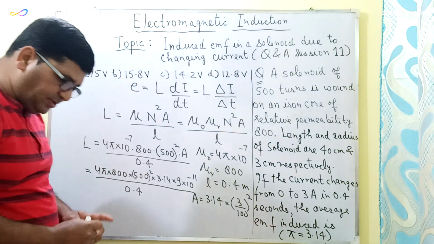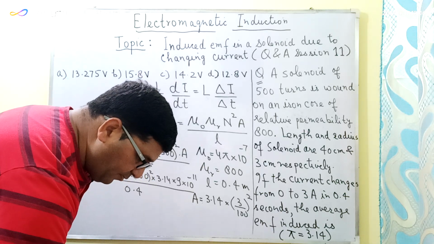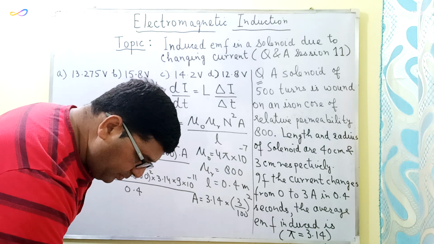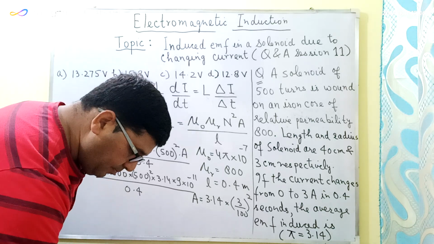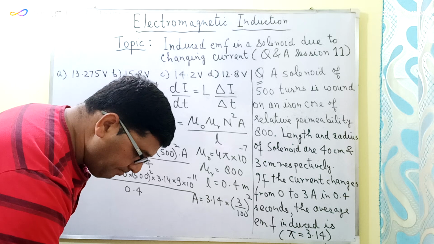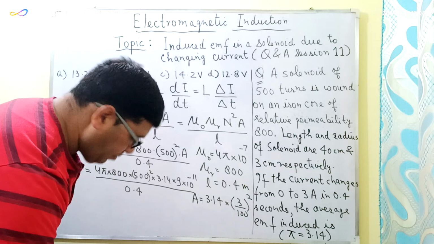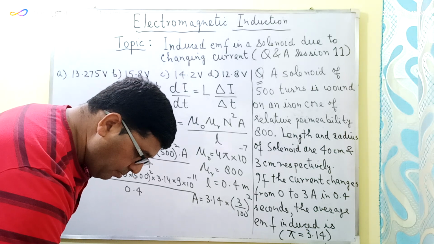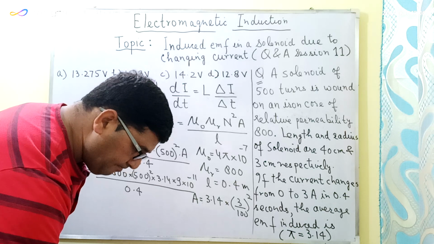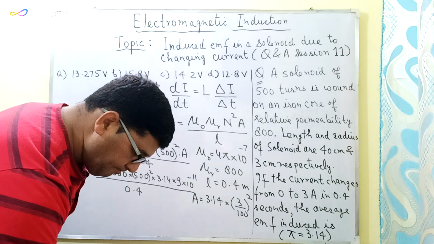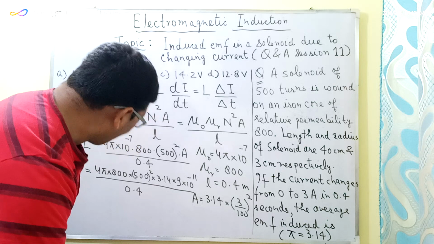So the self-inductance of this coil will be equal to 4 into 4 into 800, divided by 0.4.